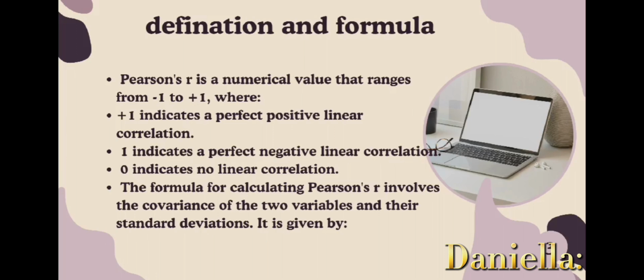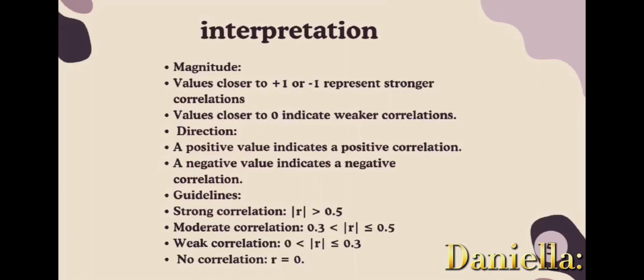Pearson's R is a numerical value that ranges from -1 to +1, where +1 indicates a perfect positive linear correlation, -1 indicates a perfect negative linear correlation, and 0 indicates no linear correlation. The formula for calculating Pearson's R involves the covariance of the two variables and their standard deviations.